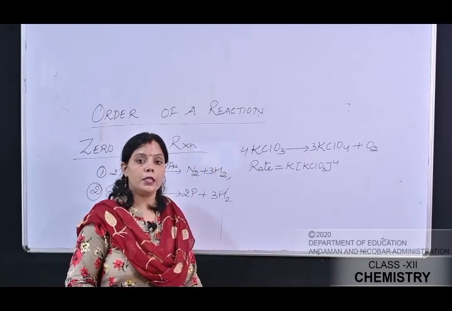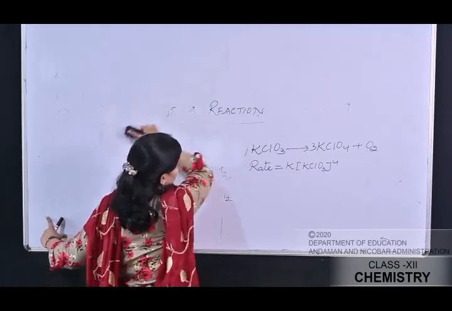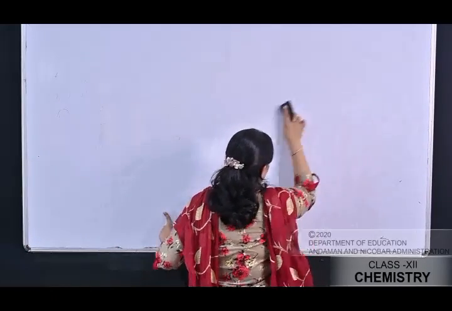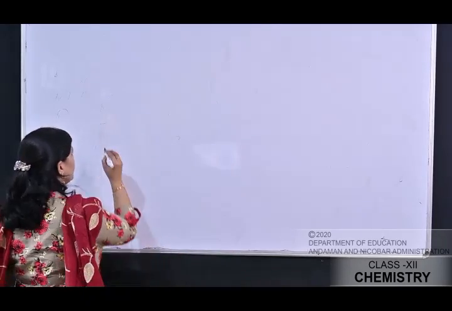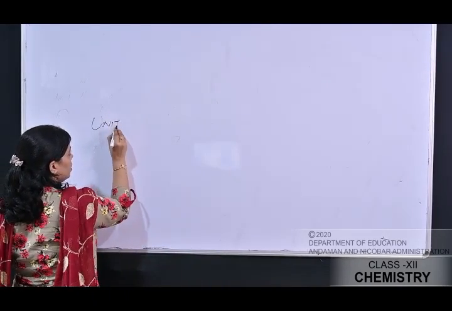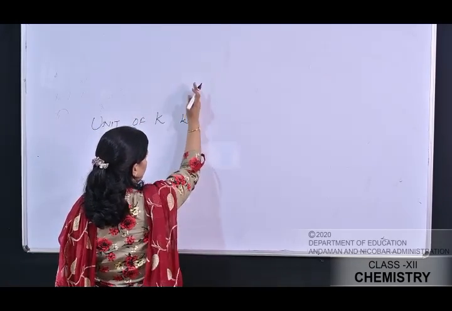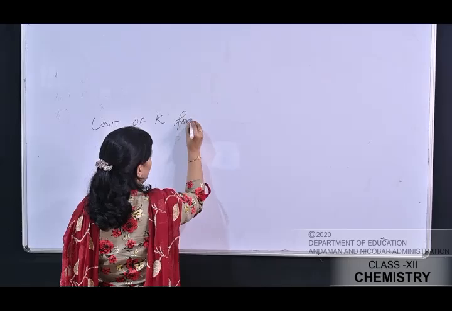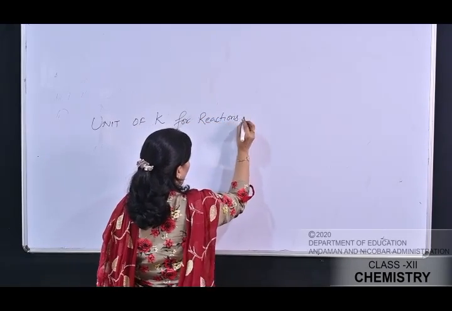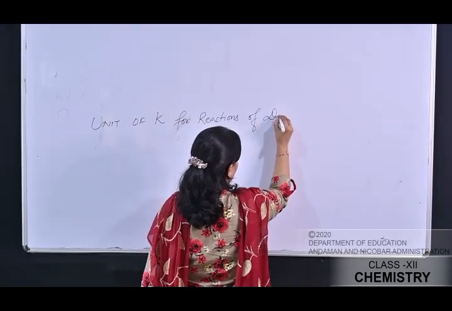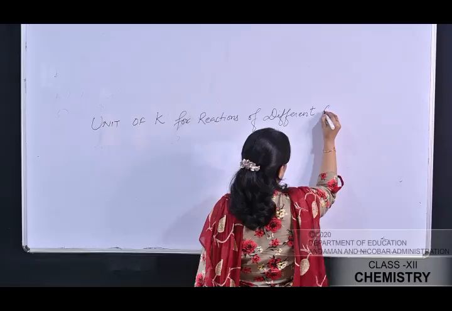After that, we come to the next topic, that is how we calculate the unit of rate constant for reactions with different orders. The unit of k for reactions of different orders.